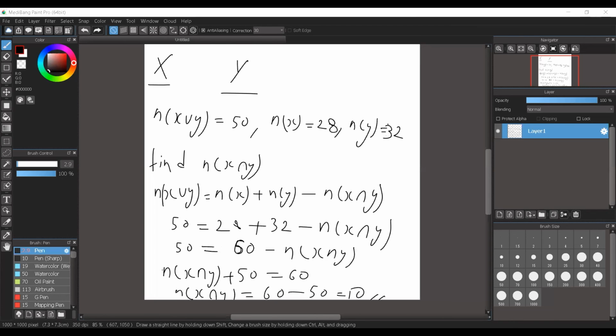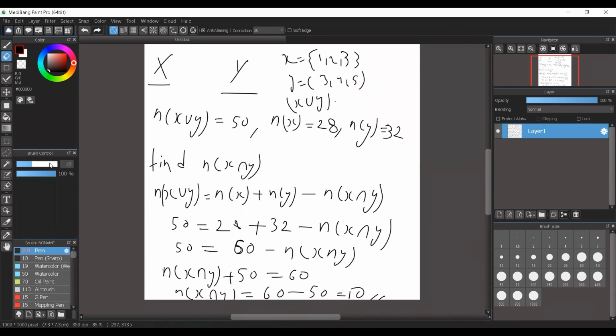Now, let's say in X there are three elements, 1, 2, 3. In Y there are three elements, 3, 4, 5. I can write it. Yeah, you can write it. Please do it. X is 1, 2, 3. And Y is 3, 4, 5. Also write X union Y and X intersection Y. Yeah, okay, let me read this.